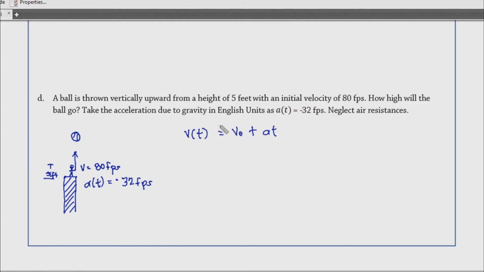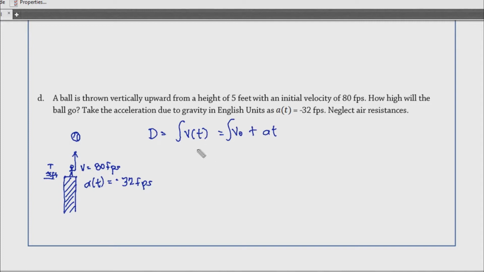Kasi if we integrate this, then we'll be able to obtain the expression for our distance. So, with this, I'll be integrating this expression so that I'll be able to obtain the value of your distance.